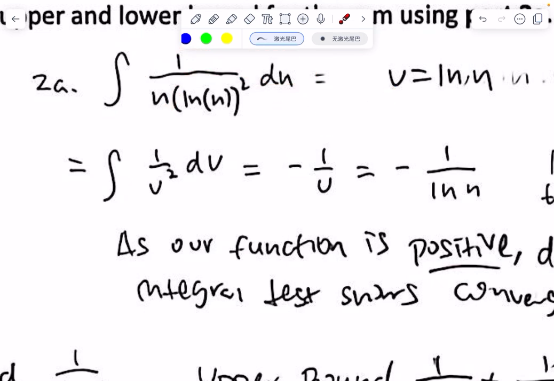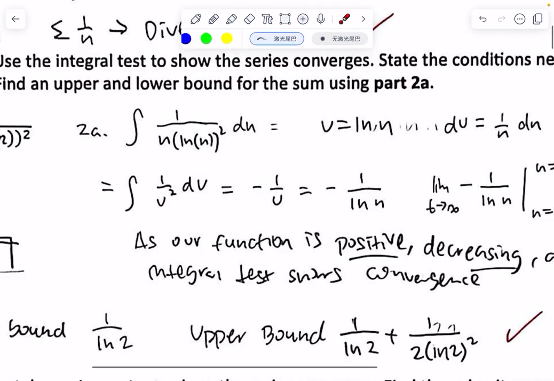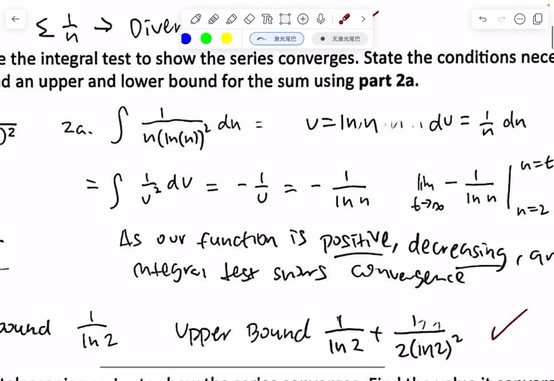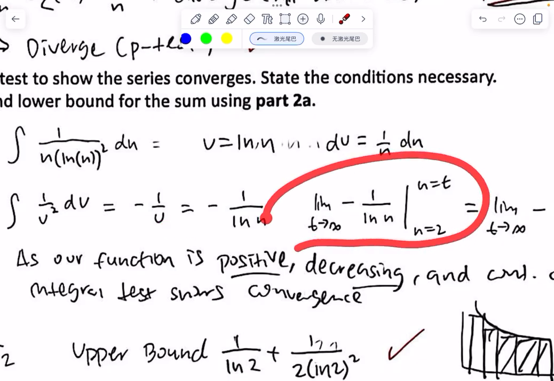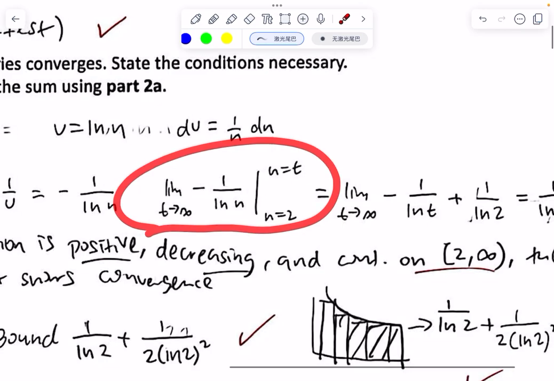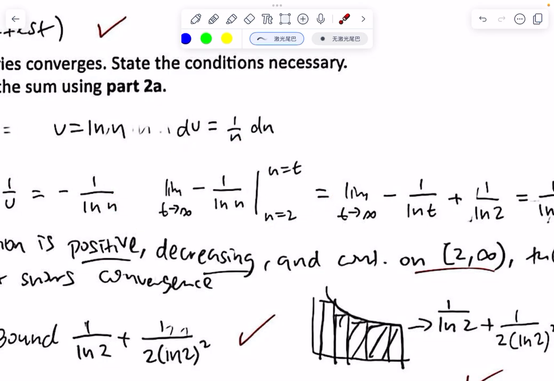So all we get is 1 over u squared du, and then this is just a power rule. We get -1 over u. But once we substitute u for ln n, we can solve for the integral.